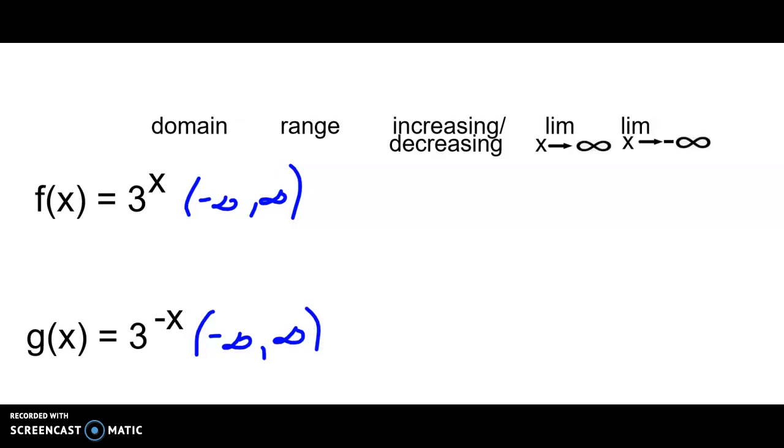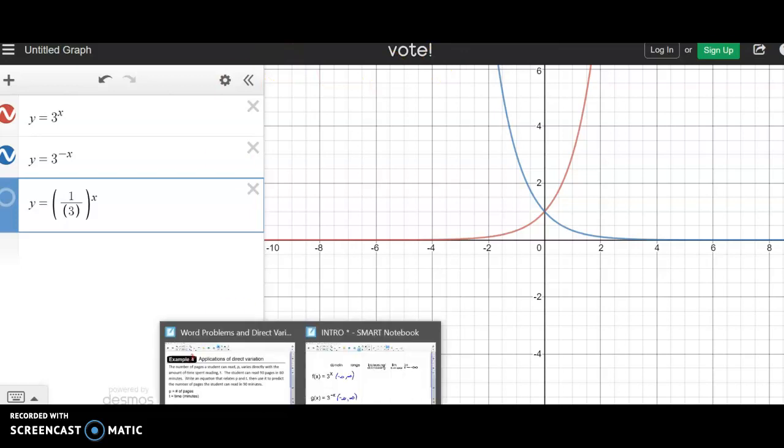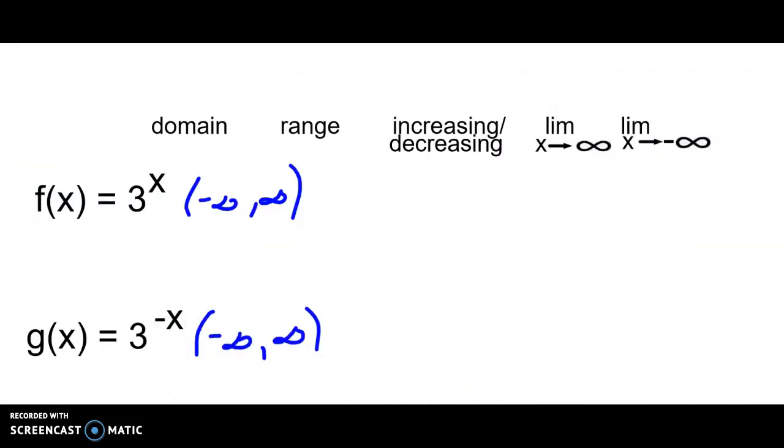The range, however, what was the range of these? What kind of y values are coming out of these? Right? Positive numbers. You see it? The y values that were coming out are positive numbers. And 0 wasn't included. No matter how small I get, I'm not going to get to 0.